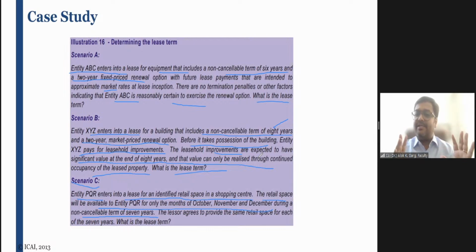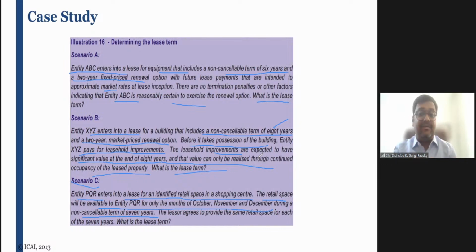And this retail space is available only for the month of October, November, December because they are into woolen clothes, right? During a non-cancelable term of 7 years. So for the period of 7 years, the specified period of 3 months, they have given a dedicated space. Okay. And lessor agrees to provide the same retail space for each of the 7 years. So thus, for each of the 7 years, that space is dedicated to this entity, this lessee, for 3 months.